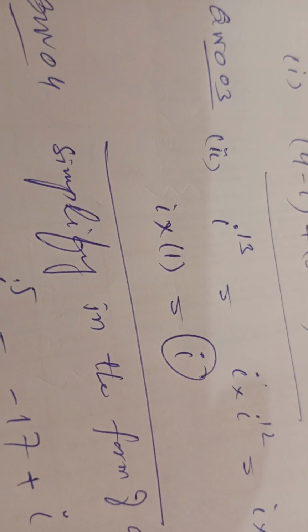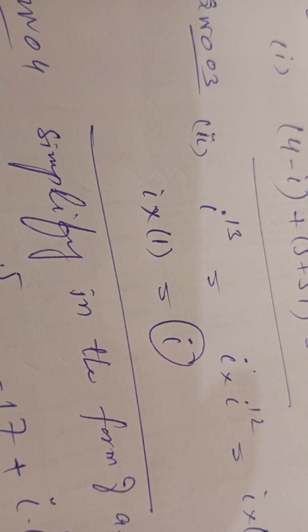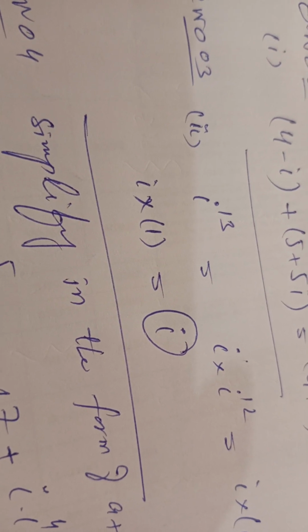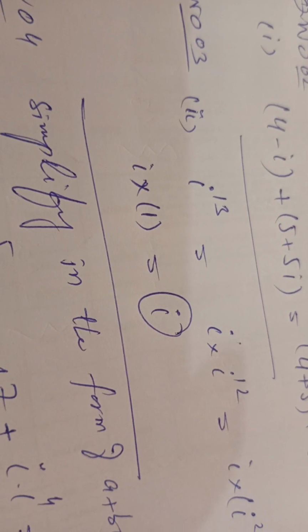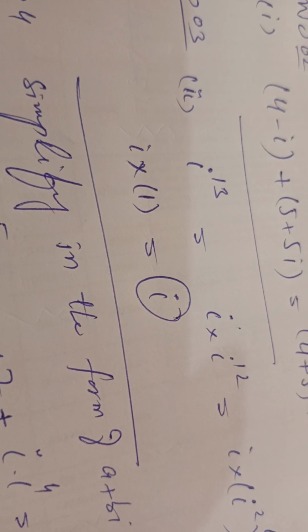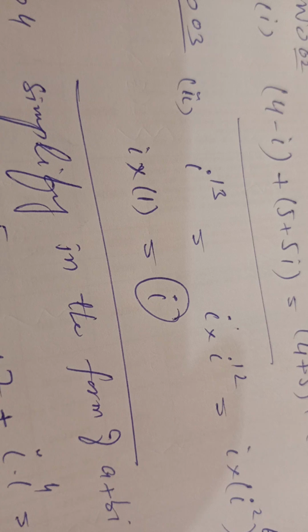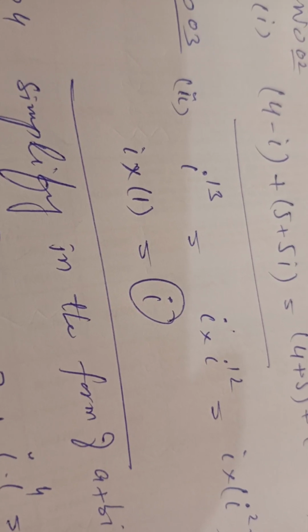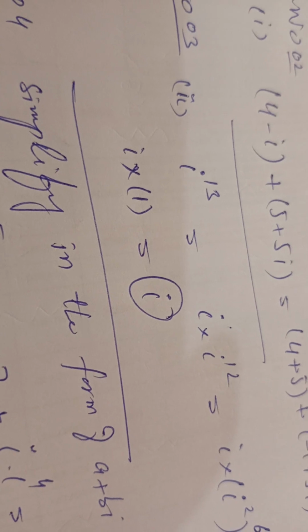Another type of question, that is question number 3, where we have to convert iota 13 into a simplified number. As we know that iota square is equal to minus 1, we will try to bring iota to the power 2.